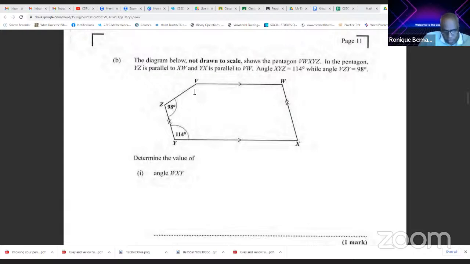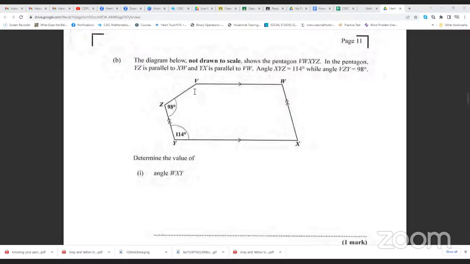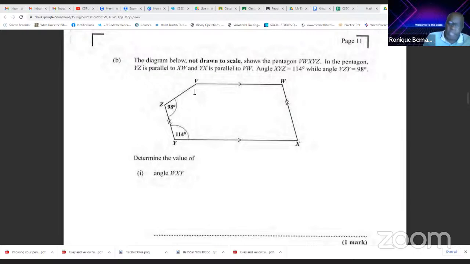Understand that, Miss Miller? Yes, sir. Good. So therefore that could not work.